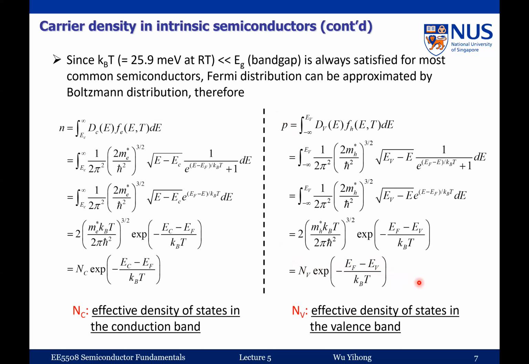So you can see that at a fixed temperature, NC and NV are fixed. So if you can find a way to adjust the Fermi level, you should be able to control the carrier concentration. That's the basic essence of these two equations.